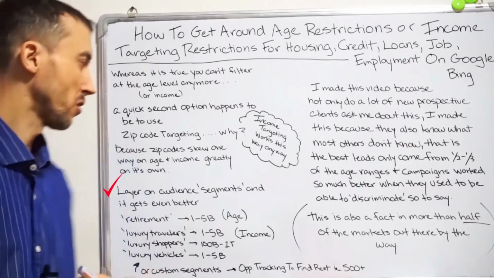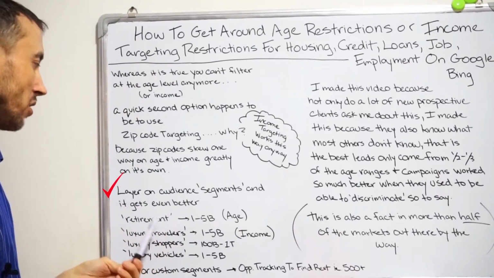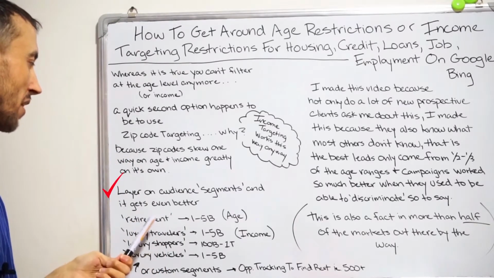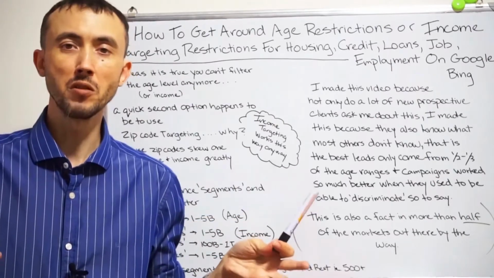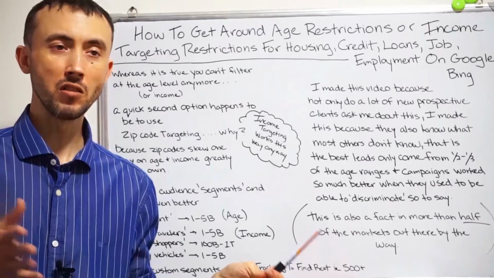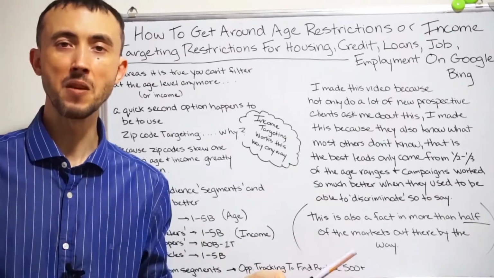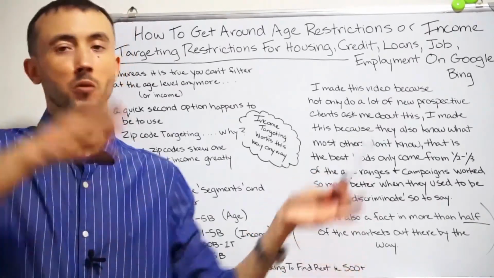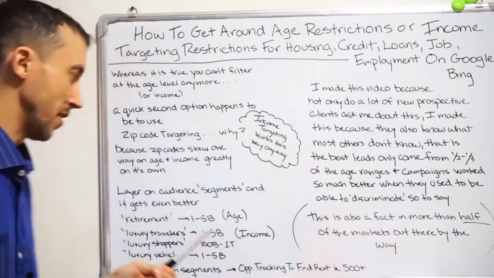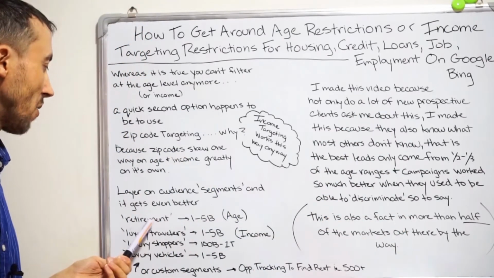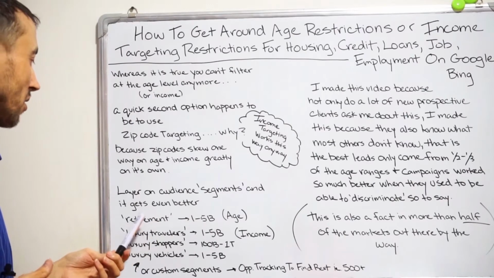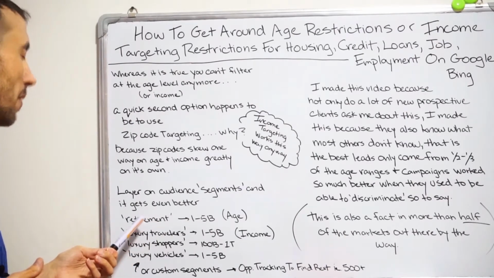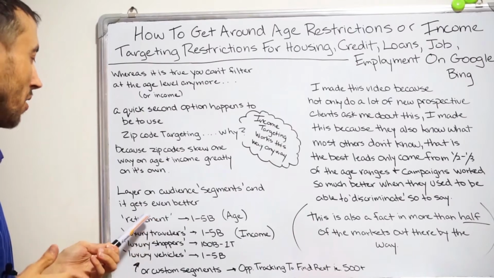Okay, so it's called audience segments. And what you do, if you're trying to get somebody that's older, because most of the people, when they're doing age restrictions, 95% of the time they need somebody older, because older people have the money. It's just the way that it is. There's an in-market segment or affinity audience, I think it is, one or the other.